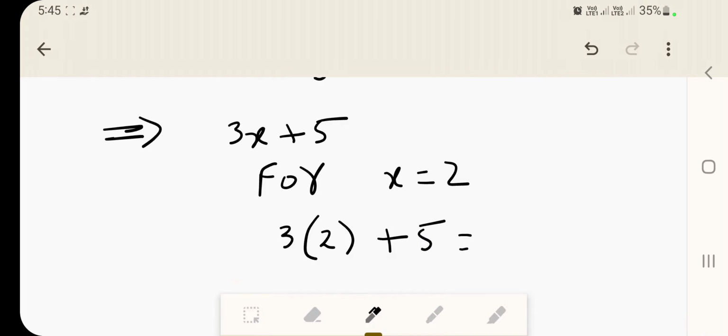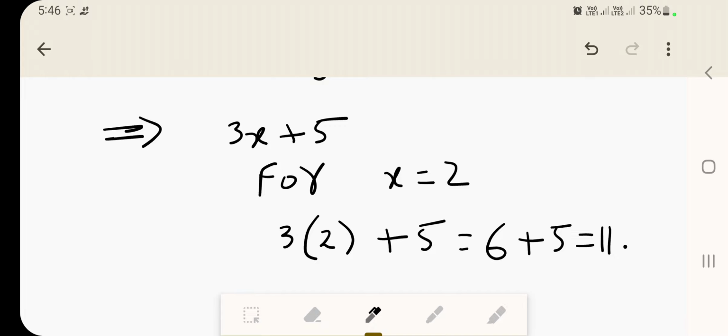That is 3 into 2 equals 6, plus 5, we get 11. So this is the value of the expression for the fixed value x equal to 2. x is a variable here, 3 is a constant, 5 is a constant.